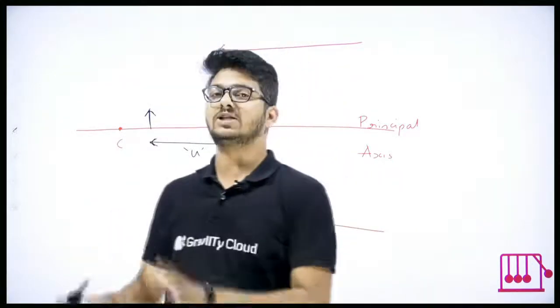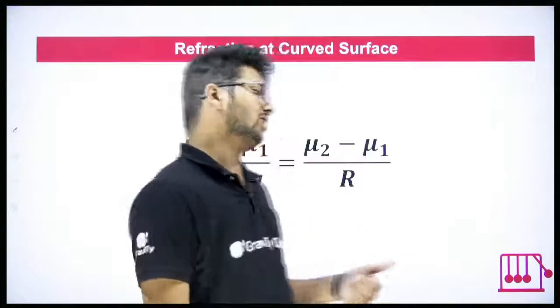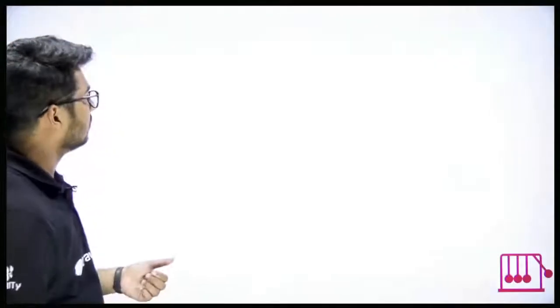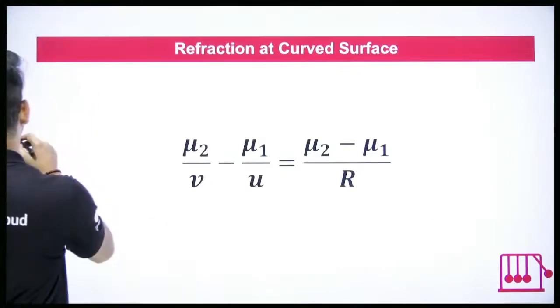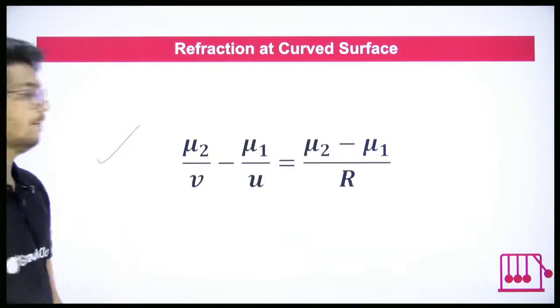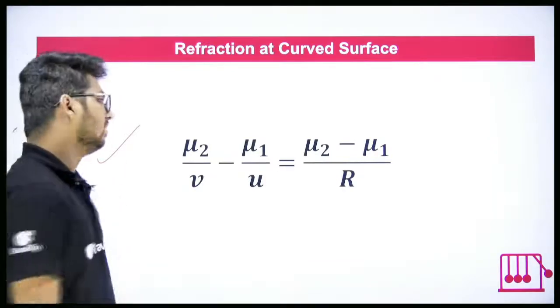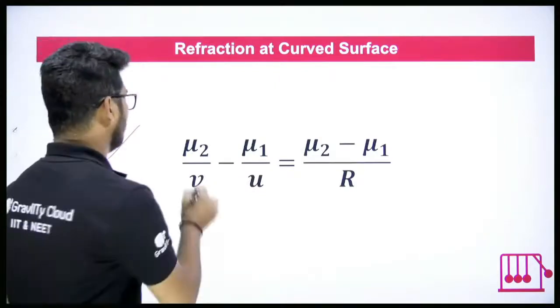Can we get the image distance? The answer is yes, and for that we use this formula: mu2 by v minus mu1 by u is equal to mu2 minus mu1 by r. Now we know what v is.